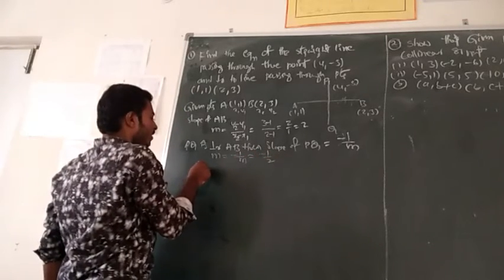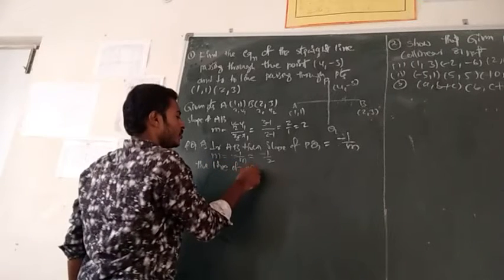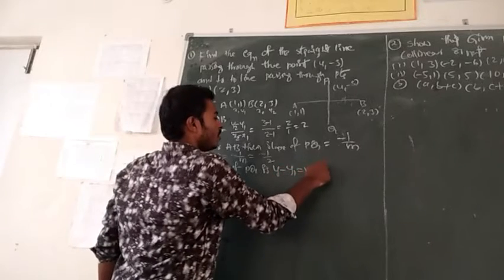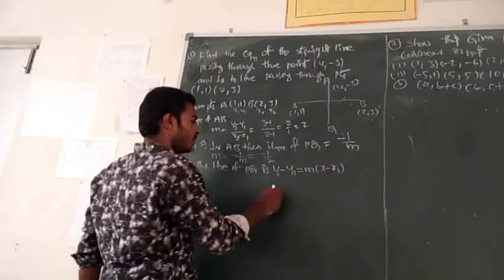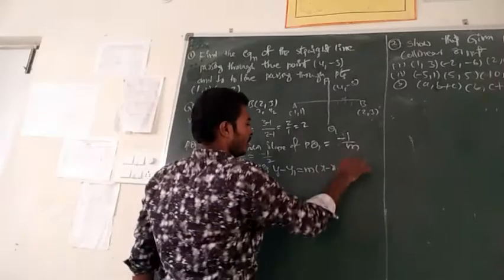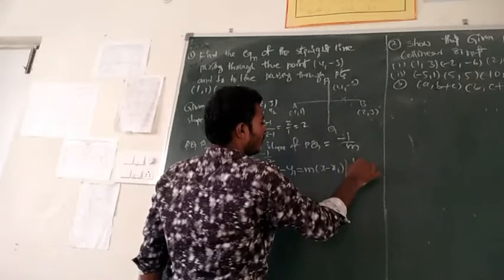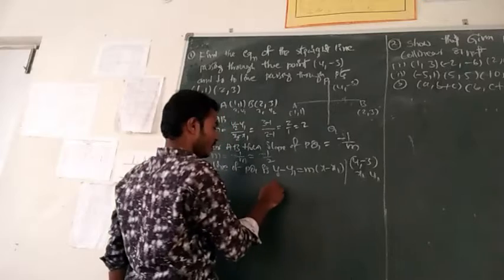Now the line PQ is y minus y1 equal to m into (x minus x1). Here (x1, y1) is P, which is (4, -3).